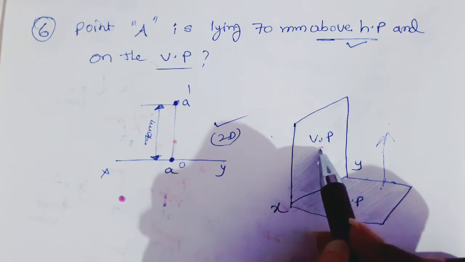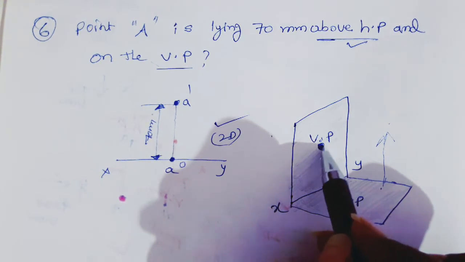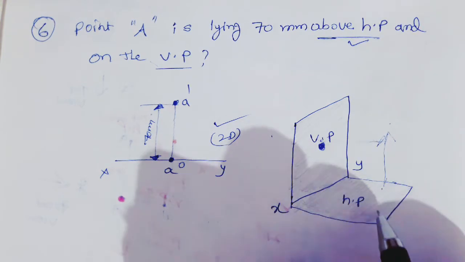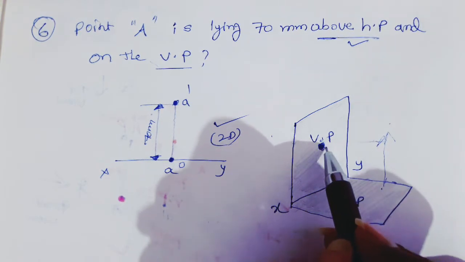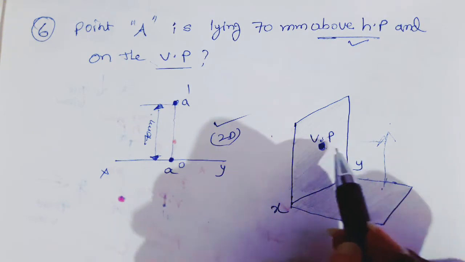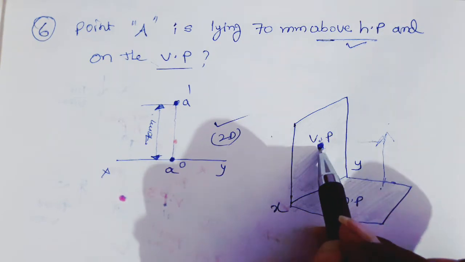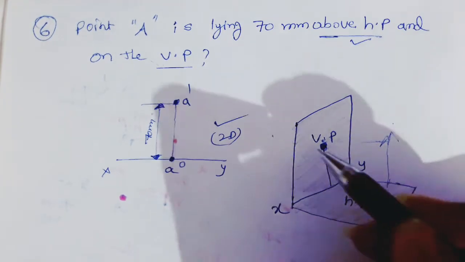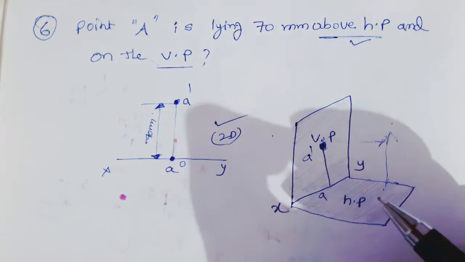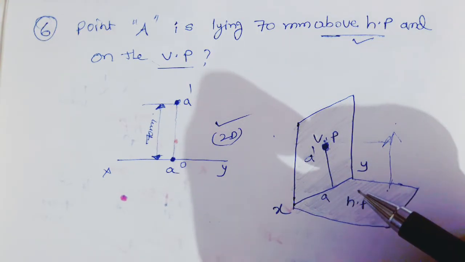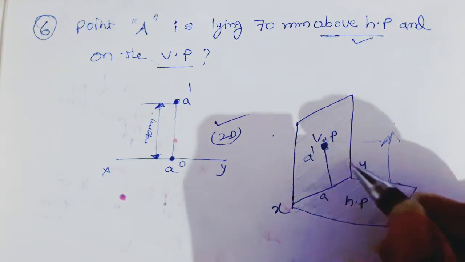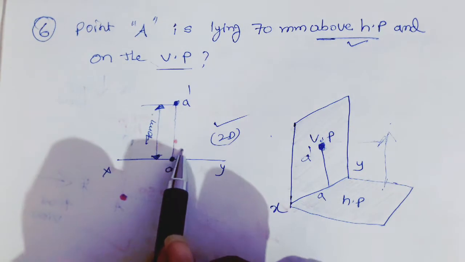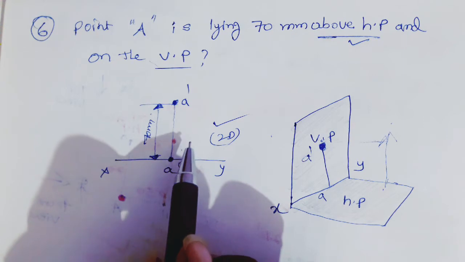That means this is the position of a point, 70 mm above the HP, and it is lying on the VP. So that's why I have taken this one. This one is A dash, this one is A. In this way, the same I have represented in 2D.